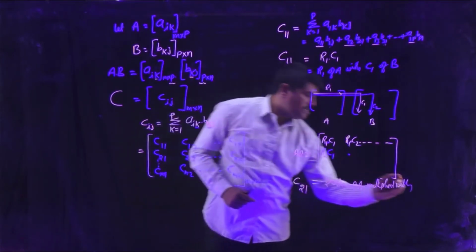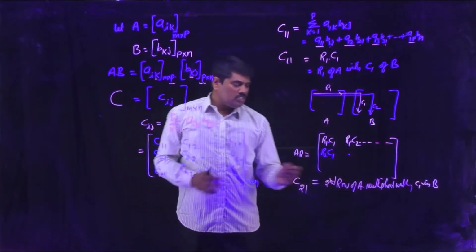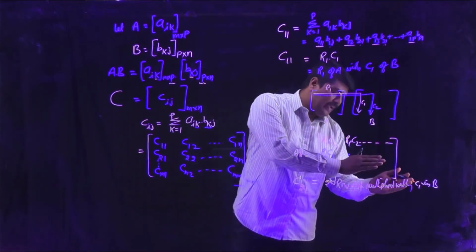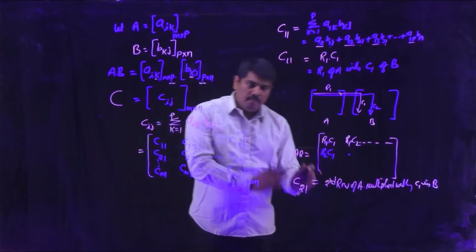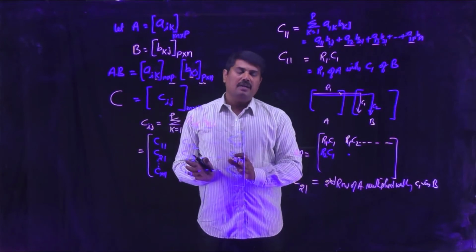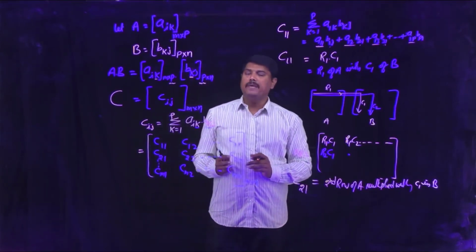Column 1, C1 in B. So the sum of the products of the elements of the second row multiplied with the first column gives C21. In the same manner you have to find all the elements of the required matrix, so that the multiplication process is completed.